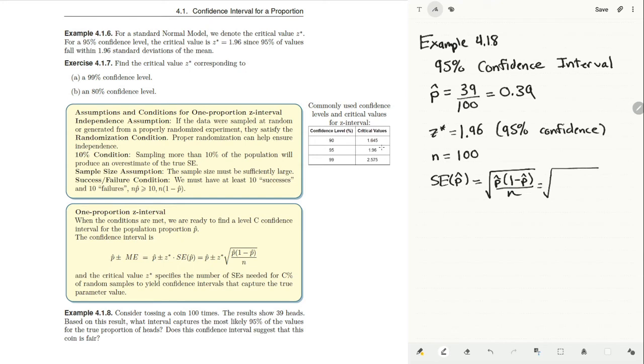And so this is the square root of 0.39 times 1 minus 0.39, all divided by 100. And this will be approximately 0.04877, and so on.